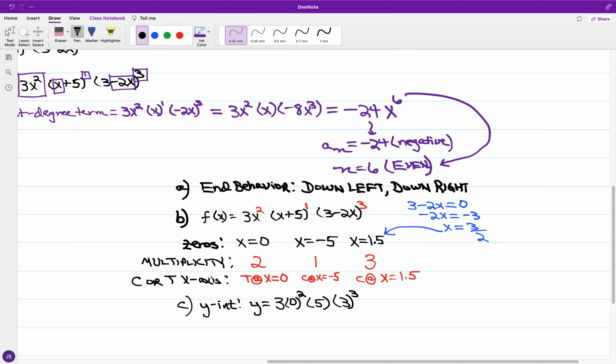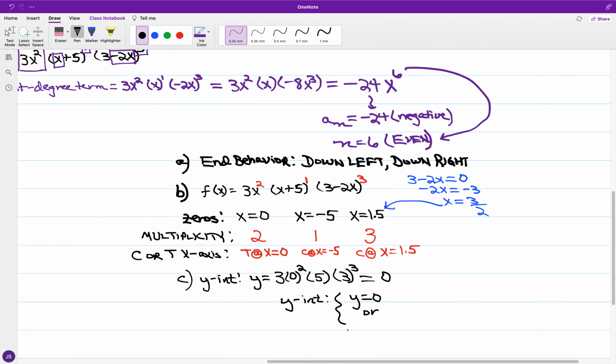And guess what? 3 times 0 squared is 0, and that's going to create a domino effect, where the y-intercept is going to be y equal to 0. And if we write it as an ordered pair, again, you have y equal to 0, or as an ordered pair, you have the origin.